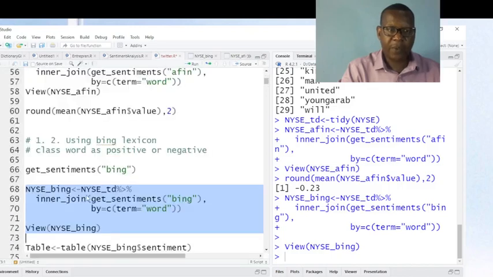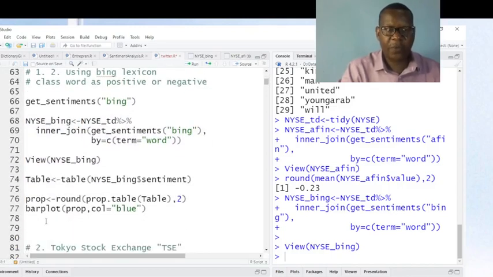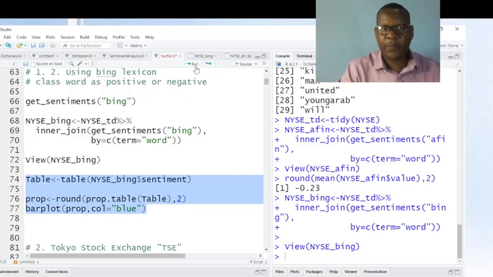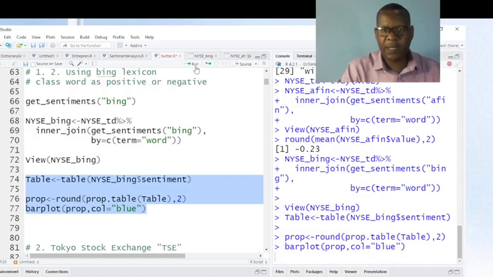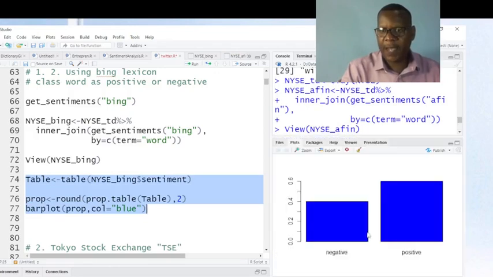Let's make a plot to see whether the number of positive words is greater or less than negative words. Let's run this, make this bar plot on New York Stock Exchange. As you can see here, friends, positive words are greater than negative words.